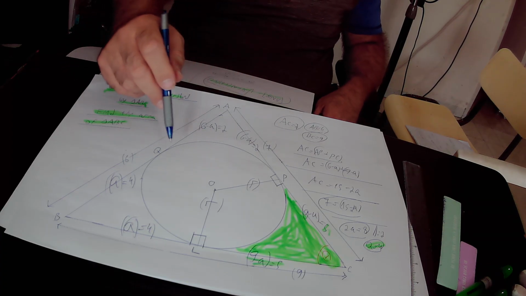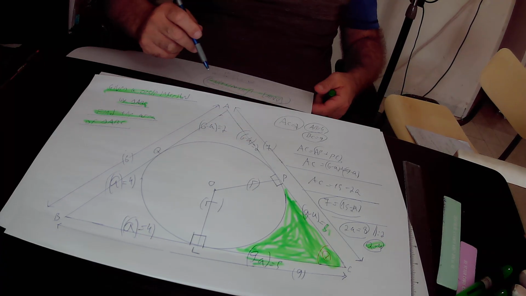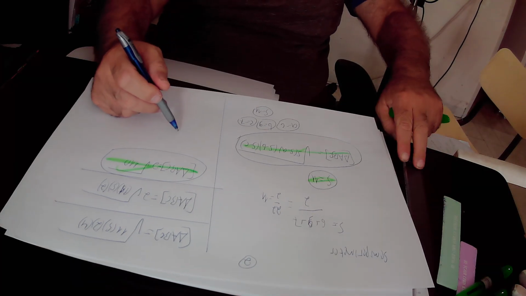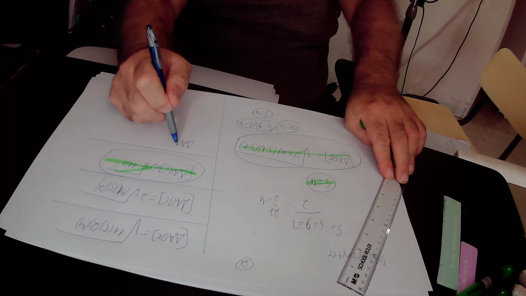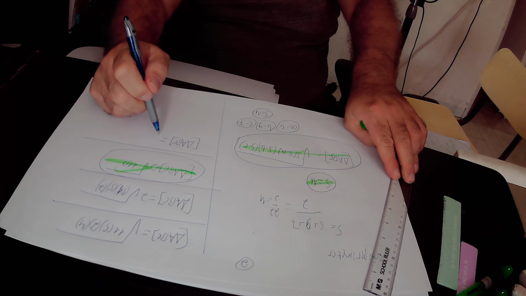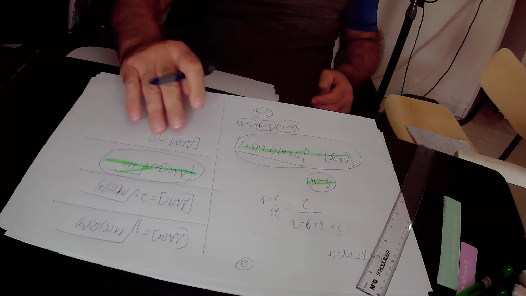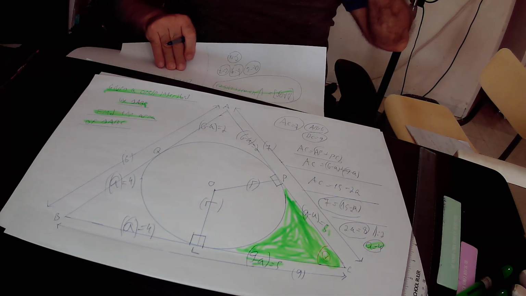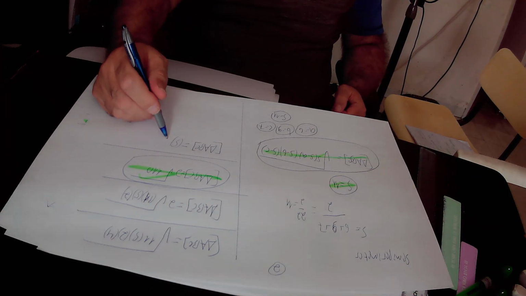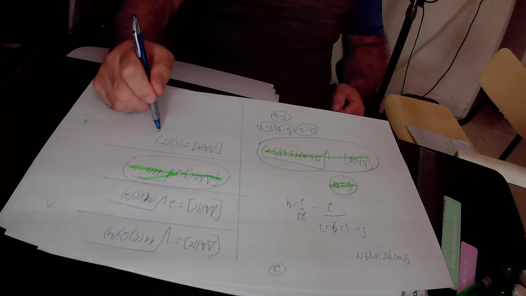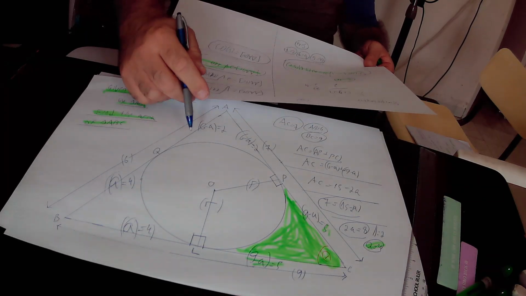According to the special formula, the area of triangle ABC equals the semi-perimeter of triangle ABC, that is S, and S is 11, times the radius of the circle that is described by triangle ABC.